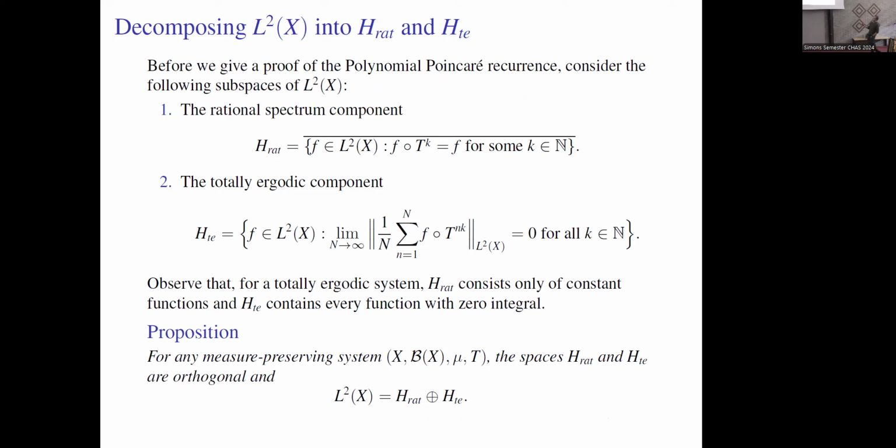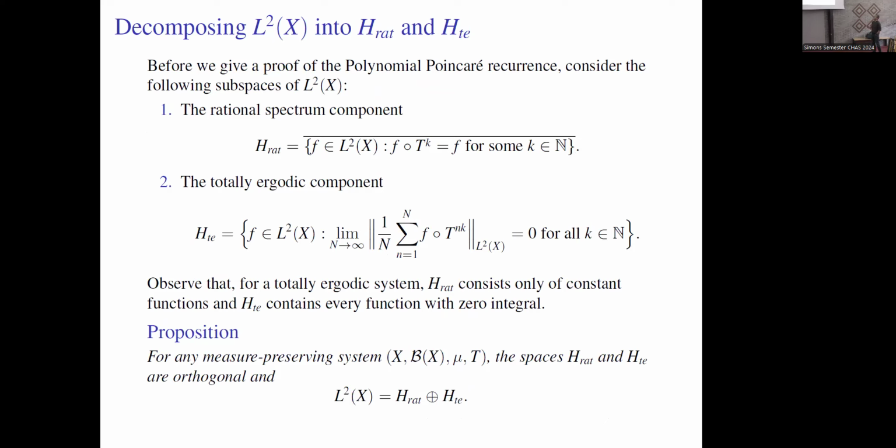If we know that some phenomenon holds for a certain class of measure preserving systems, we consider a closed subspace of a Hilbert space for which these properties hold, and then we want to understand what happens in the orthogonal component.